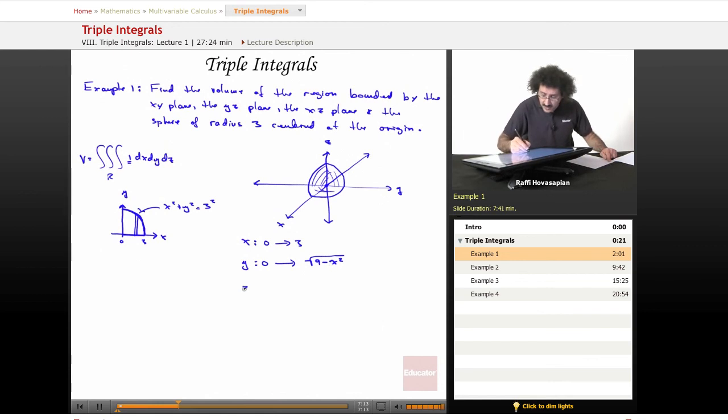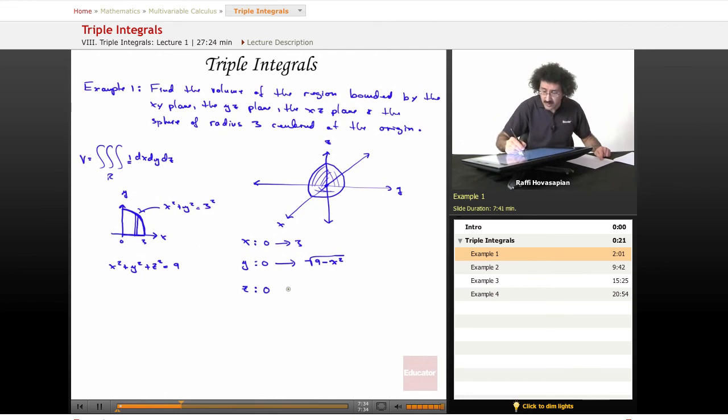Now z. Well, z, the equation for the sphere is x squared plus y squared plus z squared equals 9. Well, I need everything above the xy plane, so z is going to be 0.